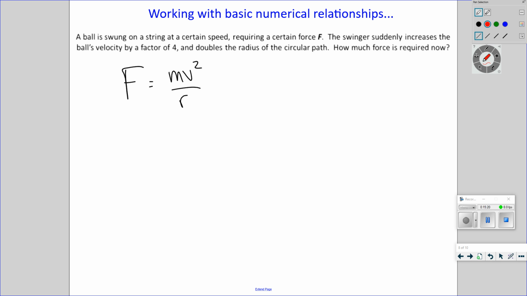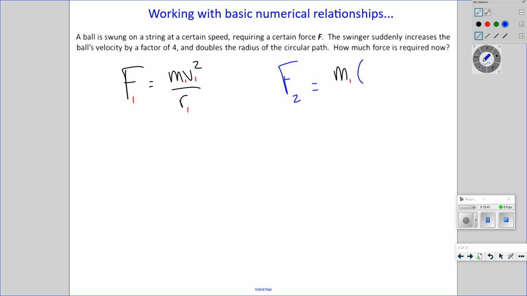So let's call this F1, v1, r1, and m1. Then we look at the different scenario that's described. We can say F2. We still use the same object, m1. But now we have velocity increased by a factor of 4. So watch this.